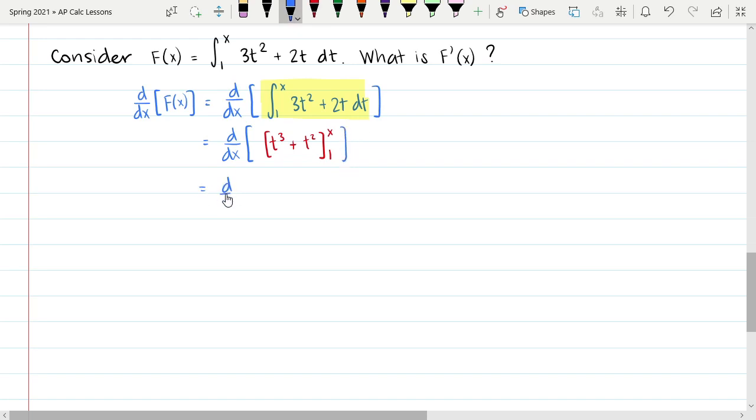So now I'm looking for the derivative with respect to x of, so this is going to be x cubed plus x squared minus, remember it's 1 cubed plus 1 squared. So I'm really looking for the derivative with respect to x of x cubed plus x squared, and then 1 cubed plus 1 squared, that's going to be 2, so minus 2.